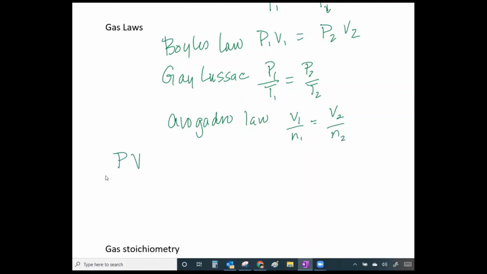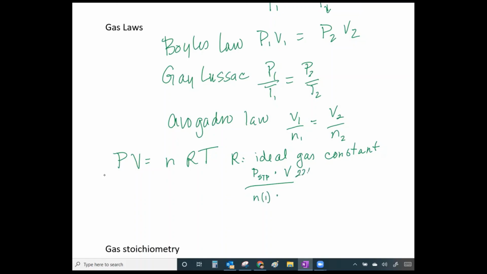And then we can use PV equals nRT to solve for other gas problems where R is the ideal gas constant, and it is the pressure at STP times the volume of 1 mole of gas, which is 22.4 liters, and times temperature at STP.